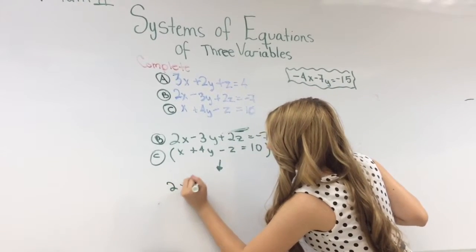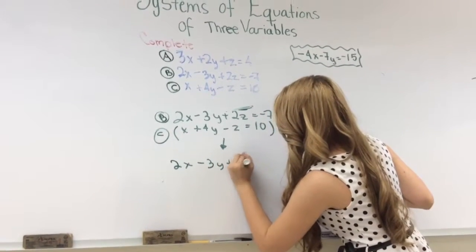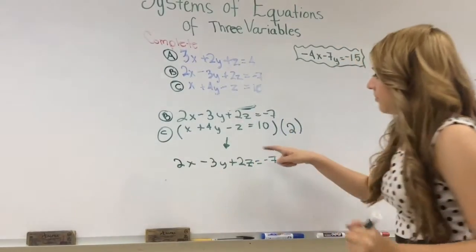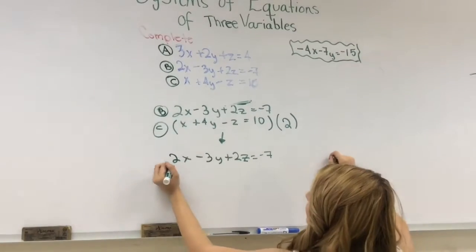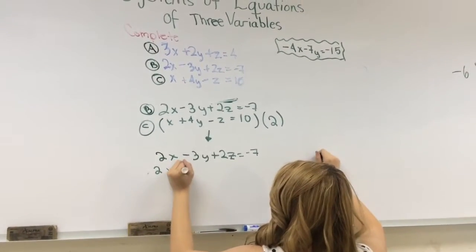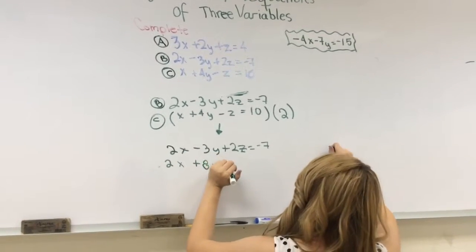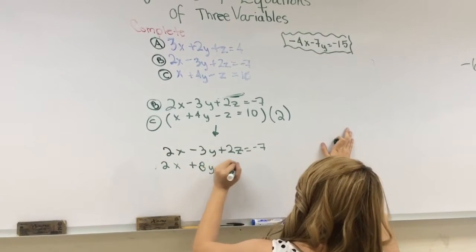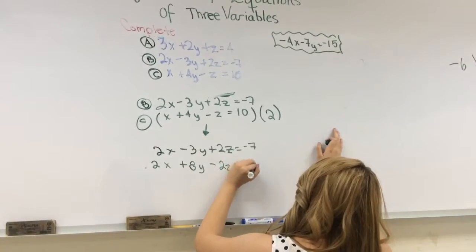First, I pass my first equation as it is, because I'm not multiplying it by anything, and I multiply my second one. 2 times x equals 2x, 2 times 4 equals plus 8y, 2c, and 10 times 2 will be 20.